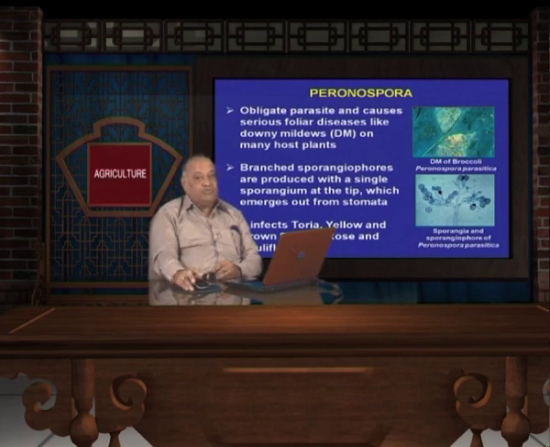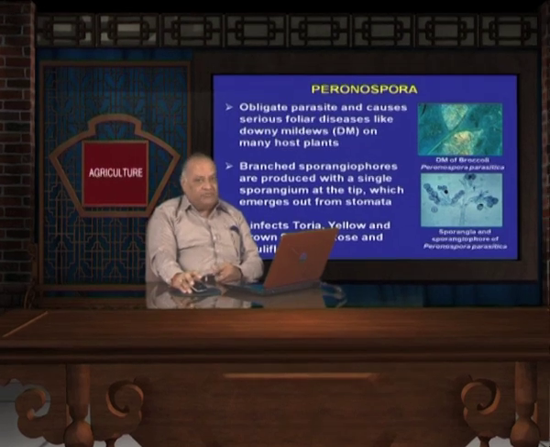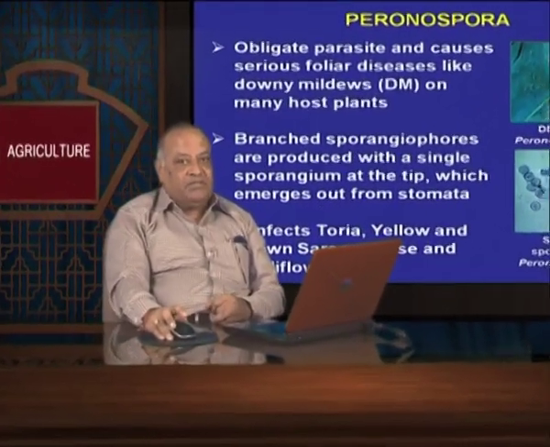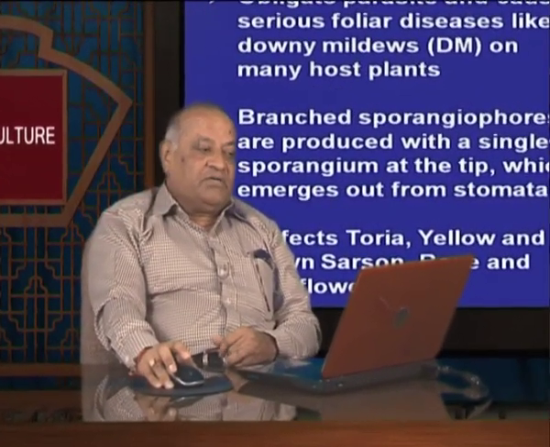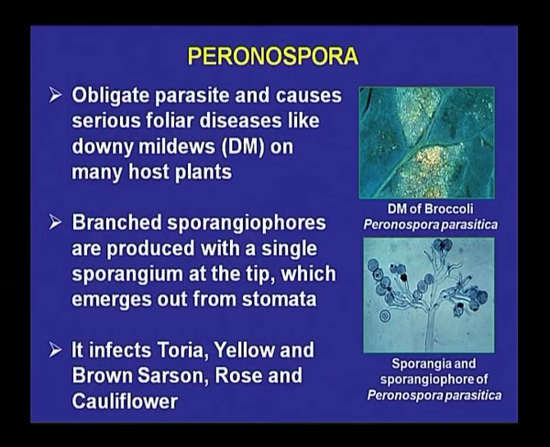Then the second most important genus we are taking is Peronospora. Peronospora is also causing very destructive diseases, especially downy mildew, and it is an obligate parasite. It causes serious foliar diseases on many host plants. Here we see the downy mildew in broccoli caused by Peronospora parasitica.